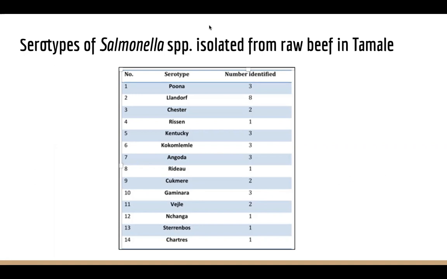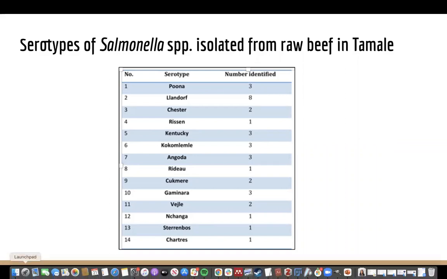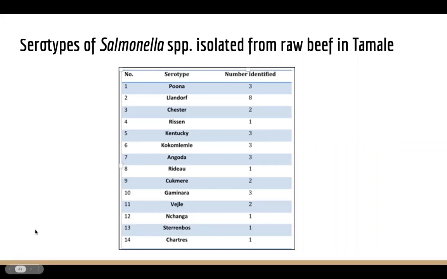And you can see that the number 6 is Kokomlemle, is a resident serotype that we have. Kokomlemle is an area in Accra, which this serotype was first found. But we also found that, yes, we have this serotype here in Tamale. The next slide.